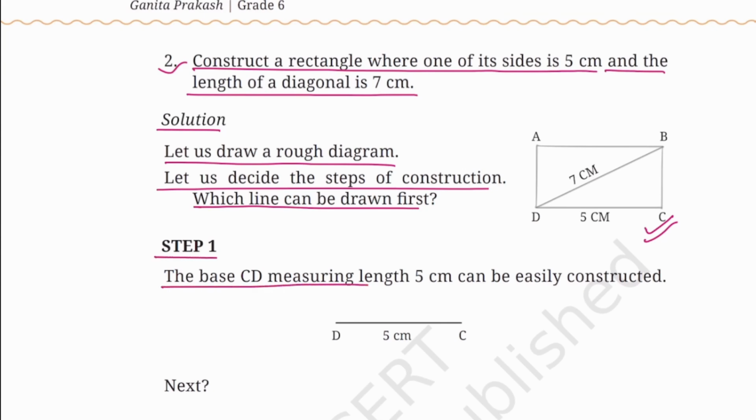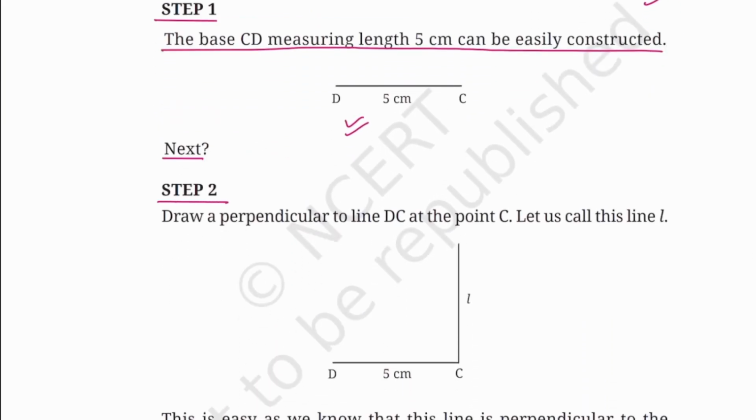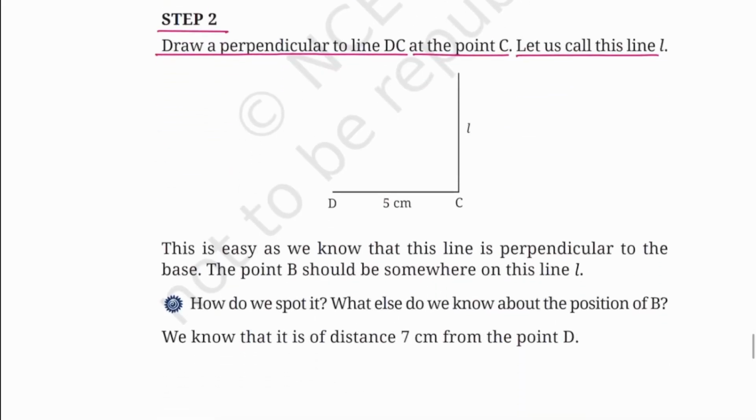The base CD measuring 5 cm can be easily constructed like this. Step 2. Draw a perpendicular to line DC at the point C. Let us call this line L. Like this.